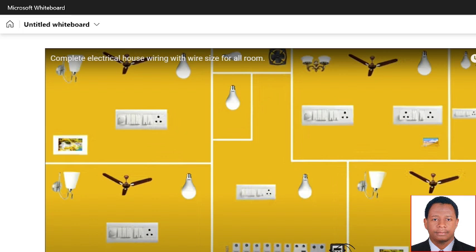It has two poles, so I will connect my neutral to this terminal and connect my phase, or my live, to this terminal. And again, my phase is going to be connected to this terminal, and this neutral to be connected to this terminal.